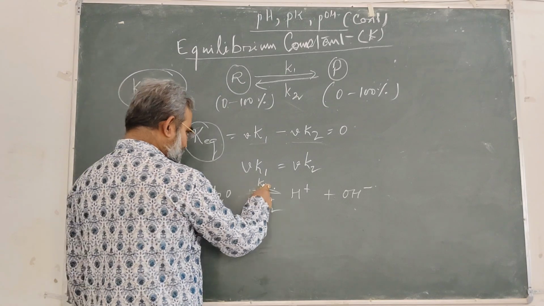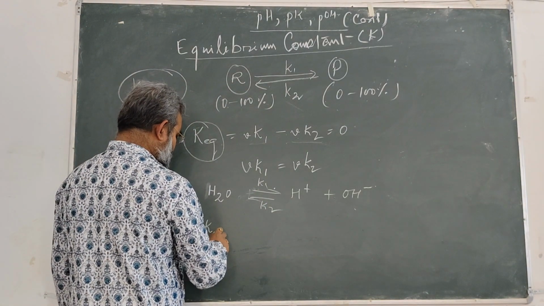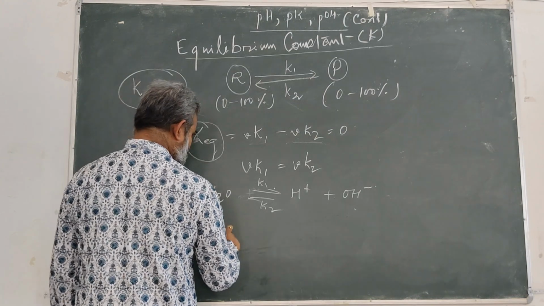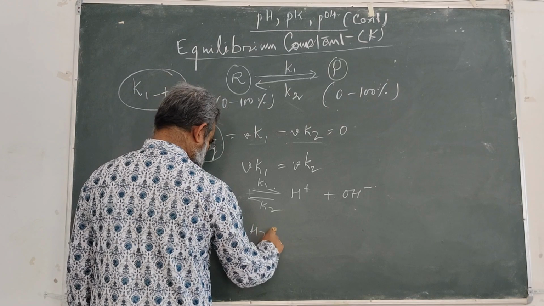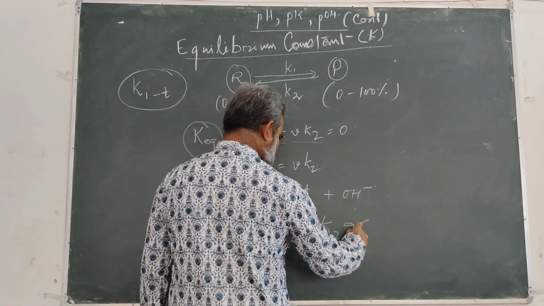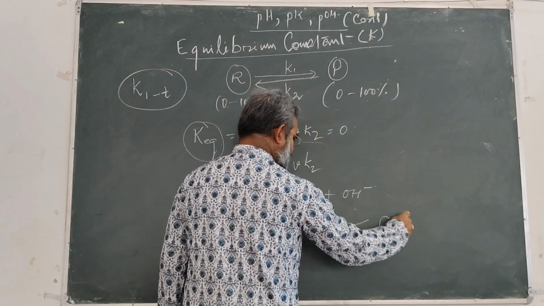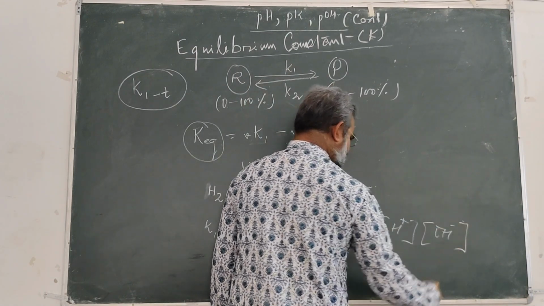That means K1 is proportionate to H2O, K2 is proportionate to H plus OH minus.